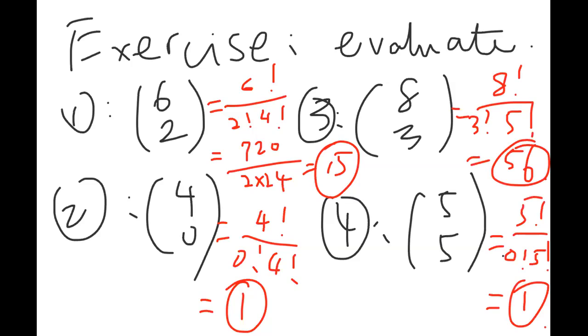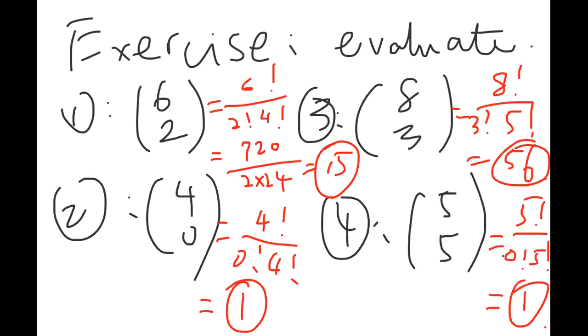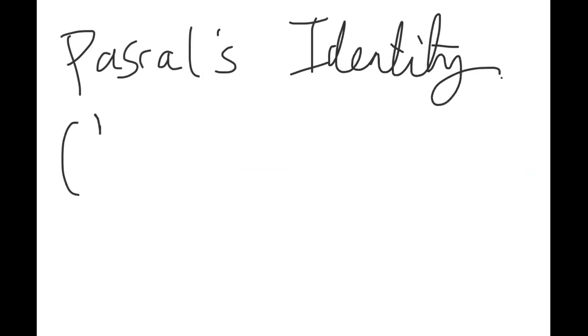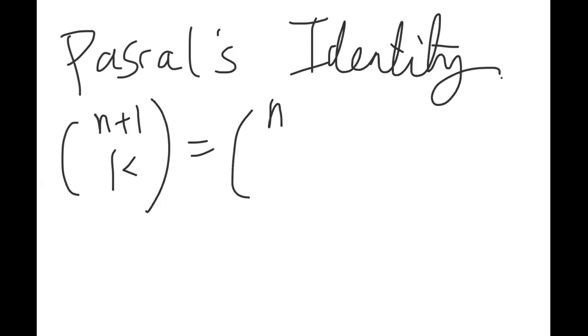Any questions? Okay. The last thing to cover is Pascal's identity, which says that n plus 1 choose k is equal to n choose k plus n choose k plus 1.